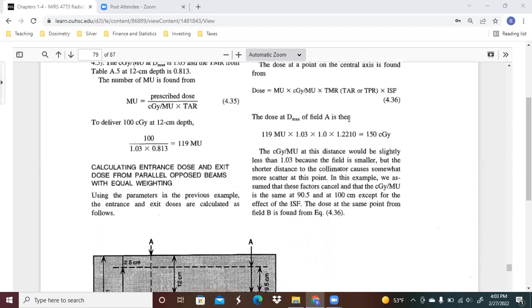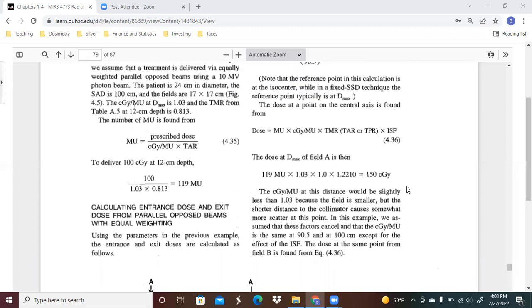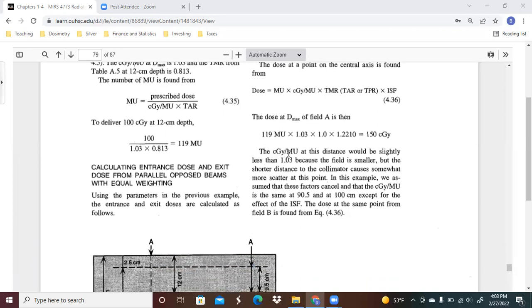So the dose here at this field is going to be 119 monitor units, which we determined here, times 1.03 times 1 times 1.221. So that gives us 150. Centigrade per monitor unit, this distance would be slightly less than 1.03 because the field is smaller, but the shorter distance to the collimator causes somewhat more scatter at this point.